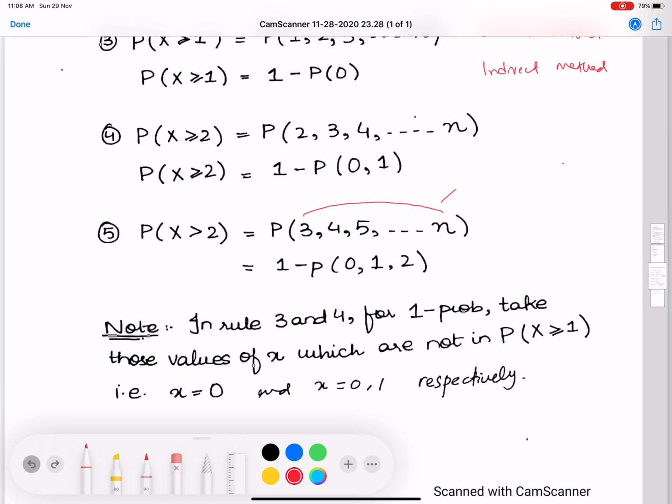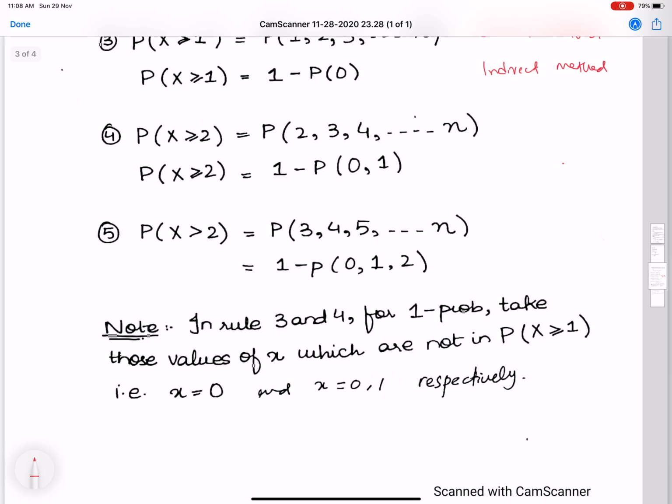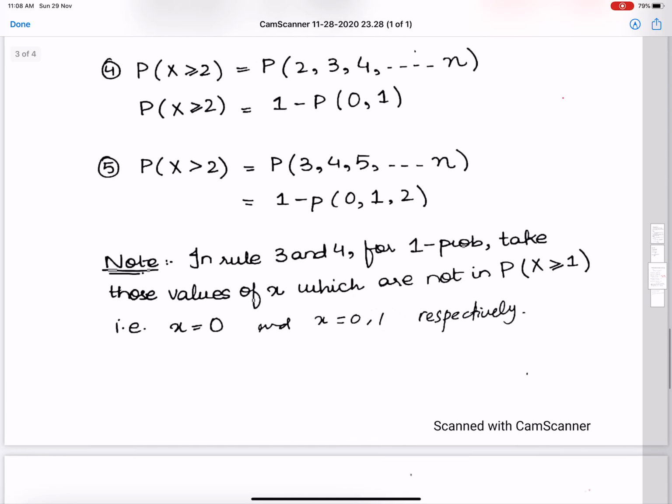According to the direct method, the list will start from 3 because this 2 is exclusive. So this list is starting from 3. Therefore, the numbers not in this list are 0, 1 and 2. So you just need to write 1 minus P of 0, 1 and 2 here. This is the safe way for the calculation and using the indirect method.